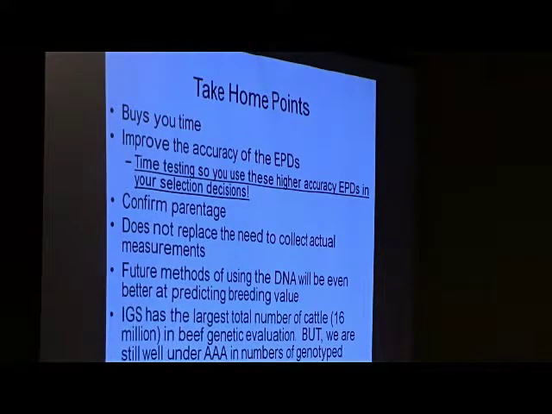So the last point I would like to make is that I think we have something to be proud of in the IGS system. We have 16 million animals in that evaluation. That's the largest beef evaluation in the world. Not just the largest multi-breed evaluation, that is the largest beef evaluation.